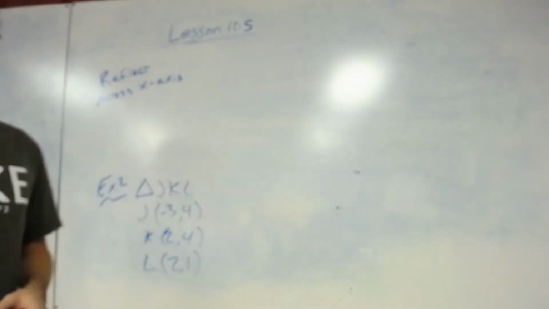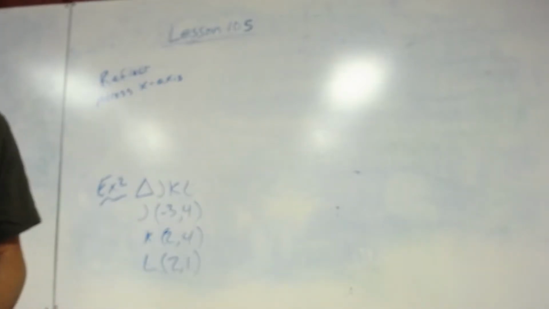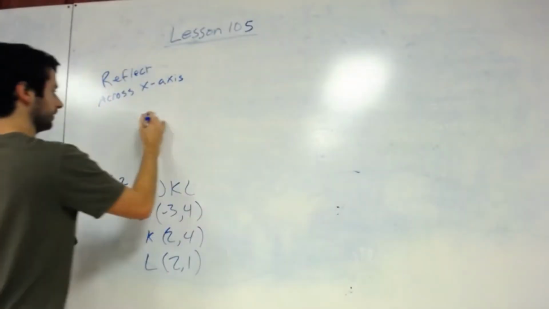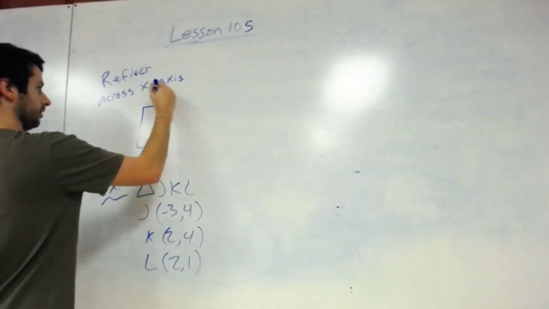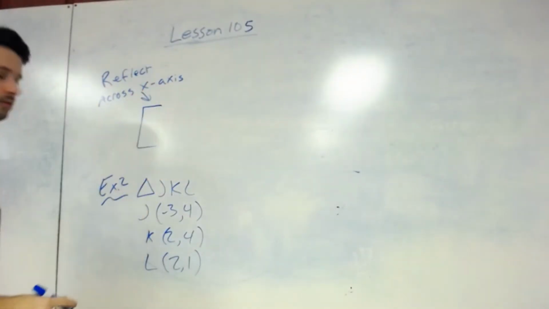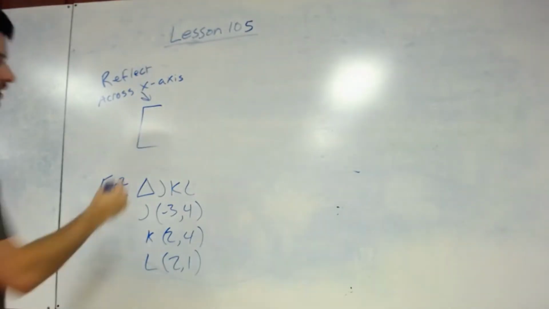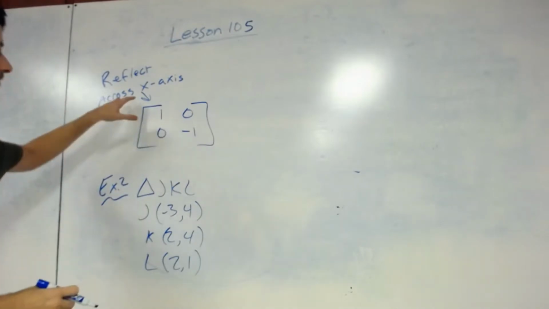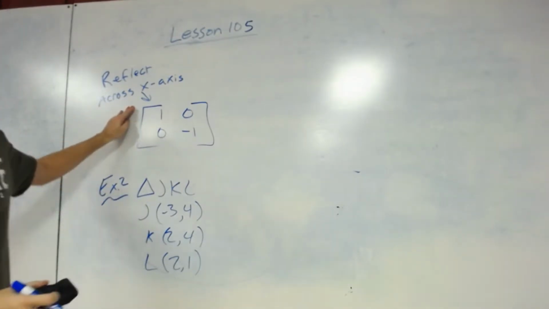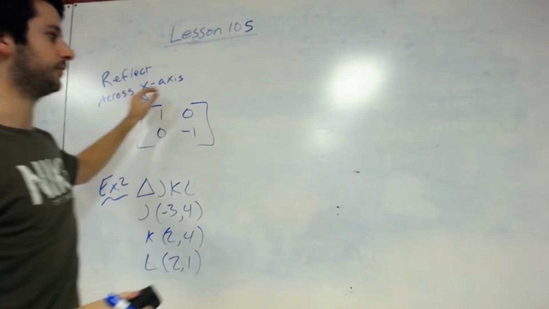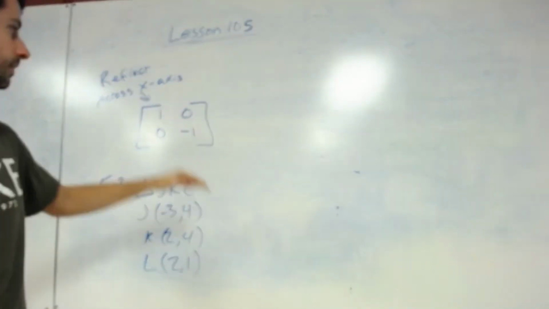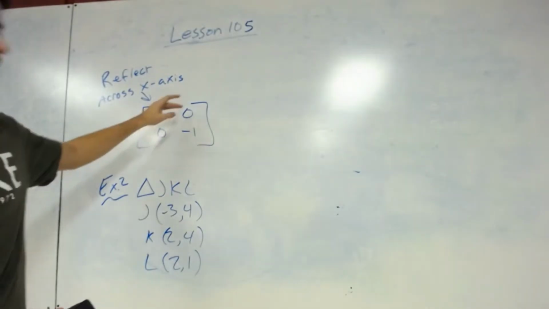In the book on page 681, it shows you the reflection matrix for reflecting over the x-axis. It is 1, 0, 0, -1. If you want the one for reflection across the y-axis, that would be -1, 0, 0, 1.